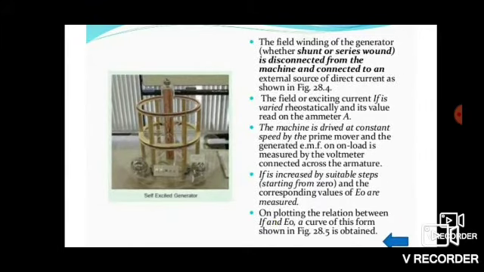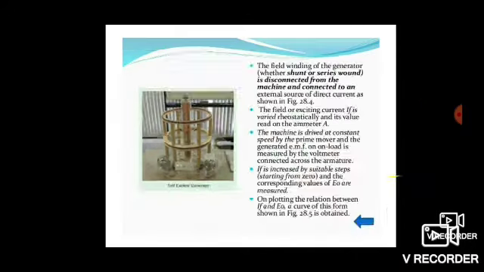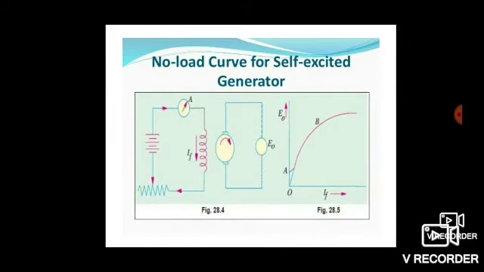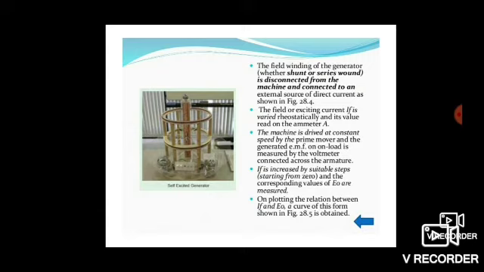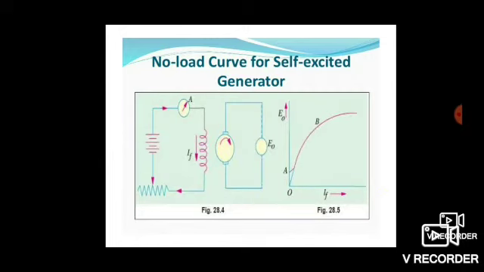The diagram shows the self-excited generator. The field winding of the generator, whether shunt or series wound, is disconnected from the machine and connected to an external source of direct current as shown in figure 28.4. The field or exciting current IF is varied rheostatically and its value read on the ammeter A. The machine is driven at constant speed by the prime mover and the generated EMF on no load is measured by the voltmeter connected across the armature.